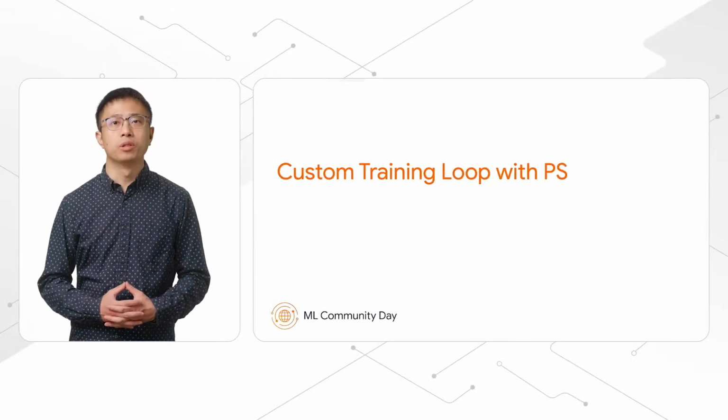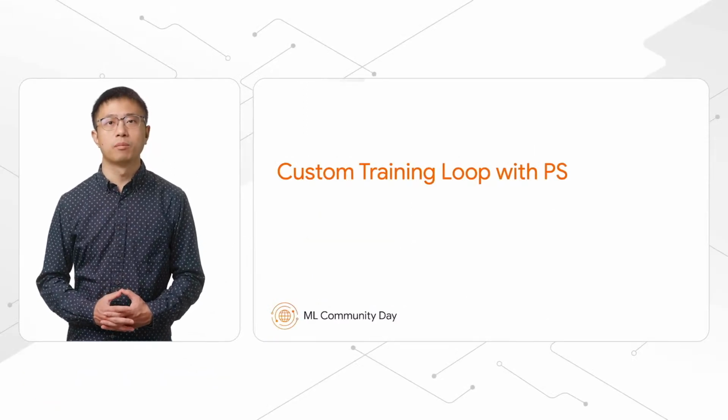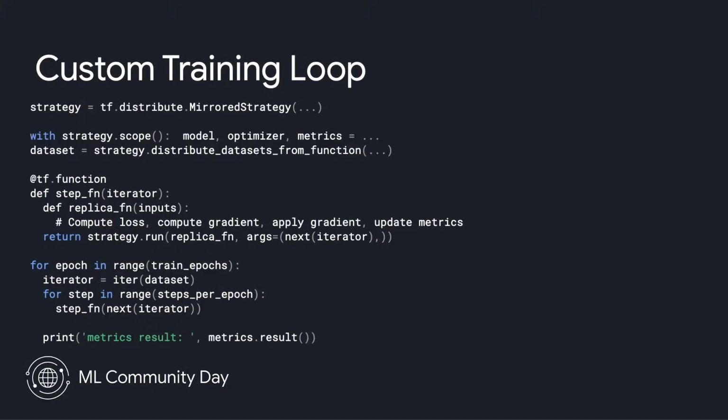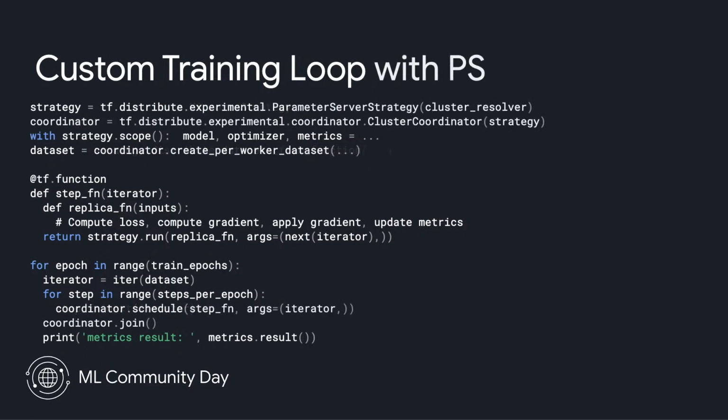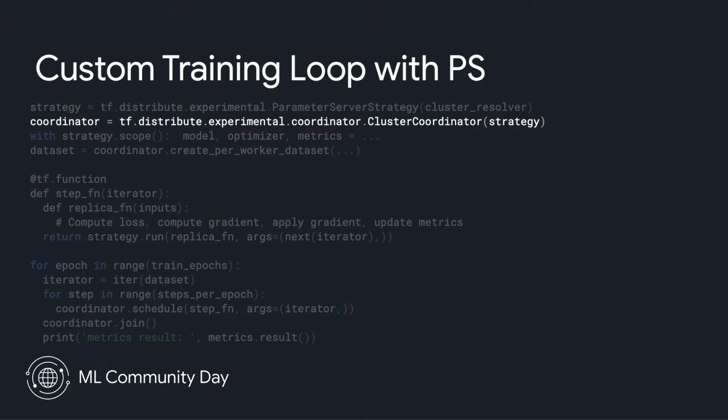Let's see how we can use ParameterServerStrategy with a custom training loop. This is a custom training loop with MirroredStrategy. We create a model and optimizer in the strategy.scope. We create a dataset, a training step wrapped into a tf.function, and the training loop. To switch it to ParameterServerStrategy, we need to make some changes. We create a ParameterServerStrategy and a ClusterCoordinator with the strategy object.